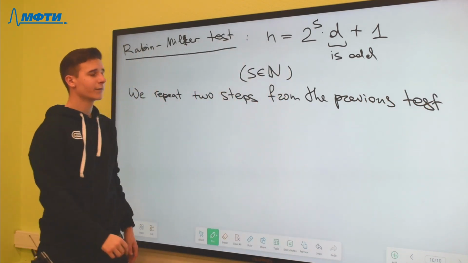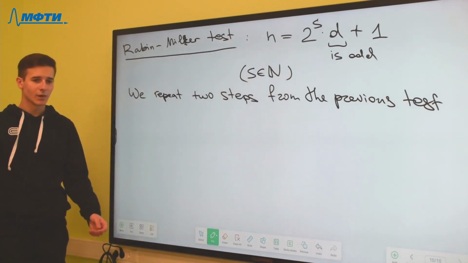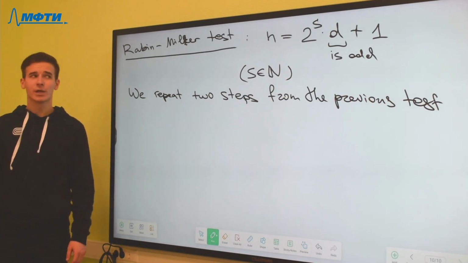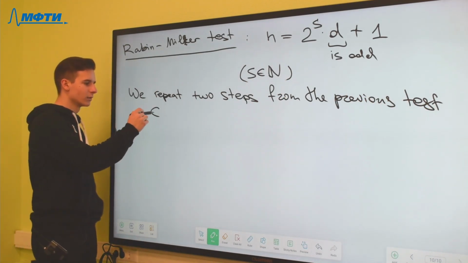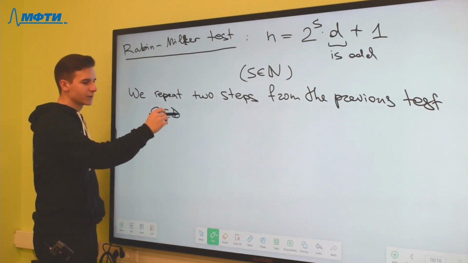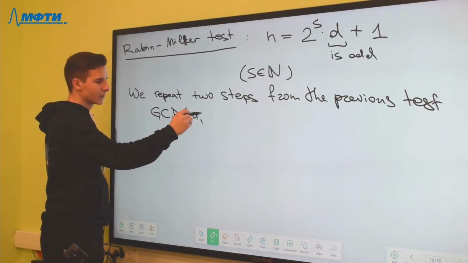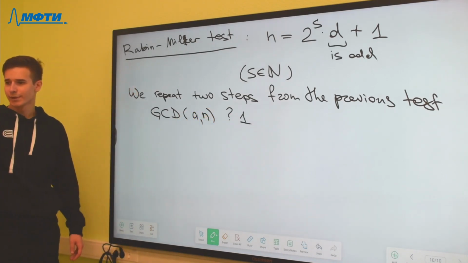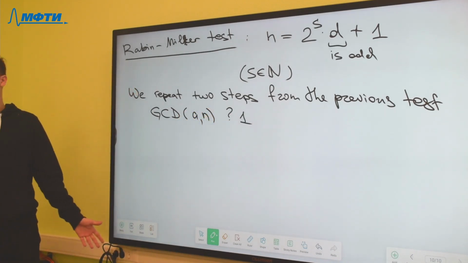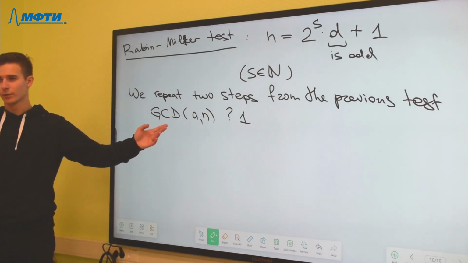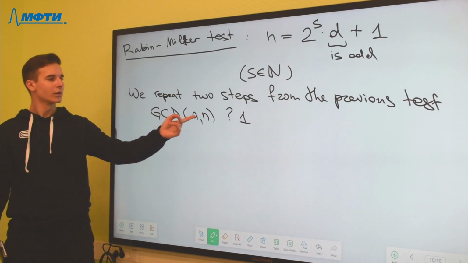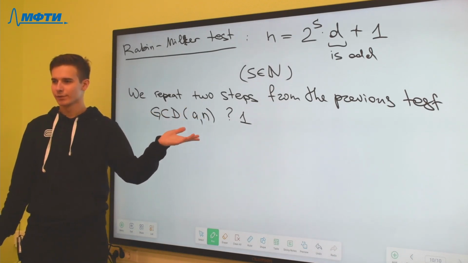We find a random a, and of course we can compare the greatest common divisor of a and n with 1. Of course, if it is not equal to 1, then n is not a prime number, because this number will be a divisor of n.